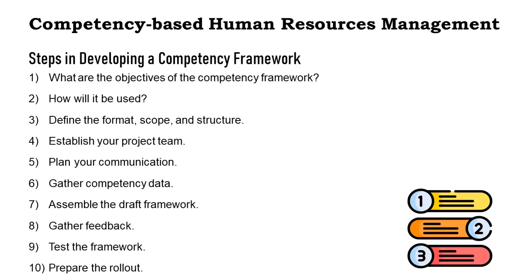Then, it's very important to establish the project team. Then plan the communication and gather the competency data. After that, we assemble the draft framework, we gather feedback, we test the framework, and we prepare to roll out. This is very similar to the strategic planning.